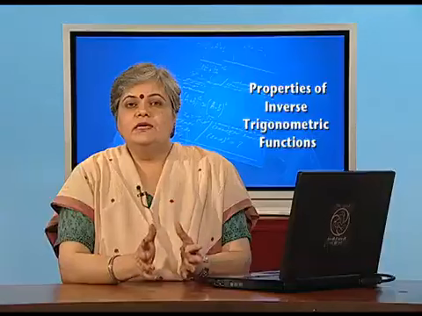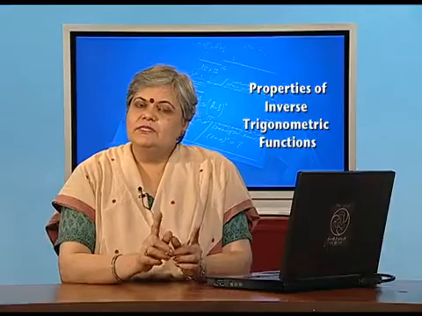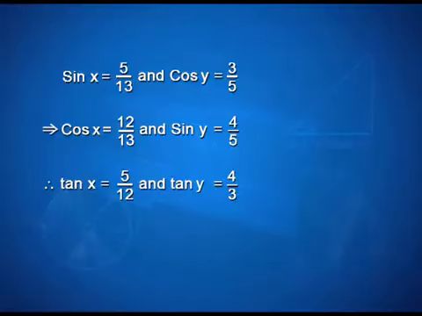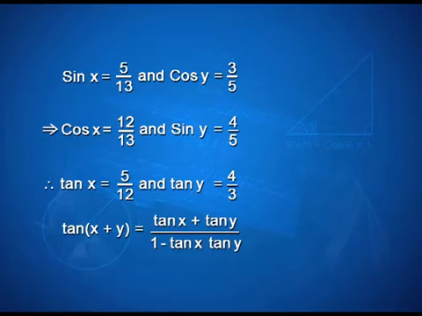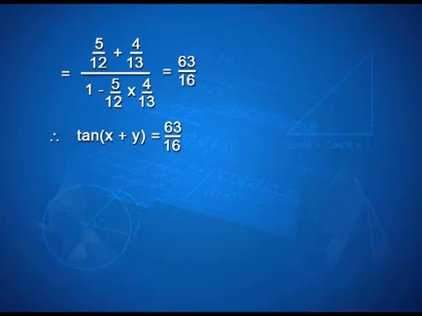Once I have the values of tan x and tan y, do you think you can find what is tan of x plus y? Surely you can. Why don't you work it out? We have tan of x plus y is equal to (tan x plus tan y) by (1 minus tan x tan y). Substitute, solve, and you get 63 by 16. And so, we are ready to have tan of x plus y equal to 63 by 16.